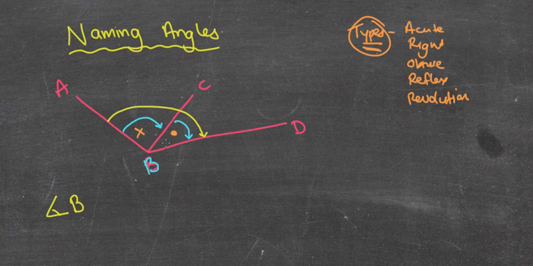So if I just want to talk about the angle with the cross, we're not going to use just a one-letter angle system, we're going to use a three-letter system. B is where the angle is occurring. I'm going to follow where the angle at X goes. So you can see it starts from A, goes to B, and then it goes to C, because the angle that the X denotes is that angle inside there.